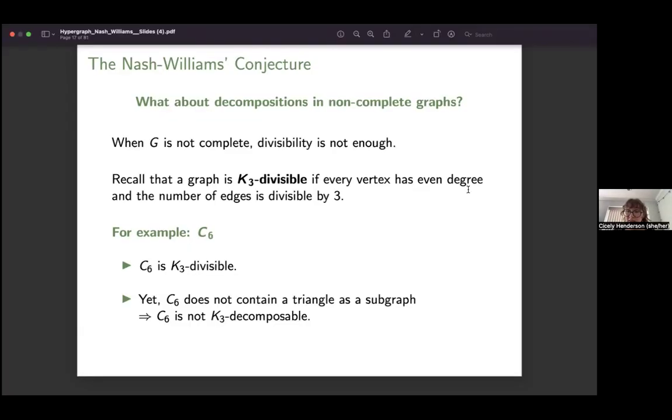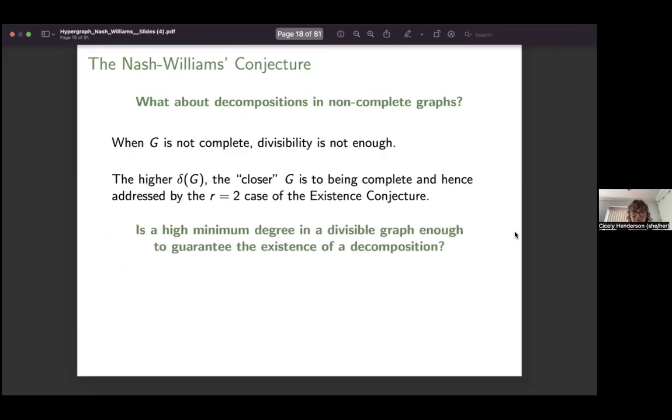Well, let's take a look at C6. C6 does meet this definition. It is K3 divisible, but the cycle on 6 vertices does not even contain a triangle as a subgraph, so there's absolutely no hope that it's K3 decomposable. Okay, so we need another condition for this question about decompositions in non-complete graphs.